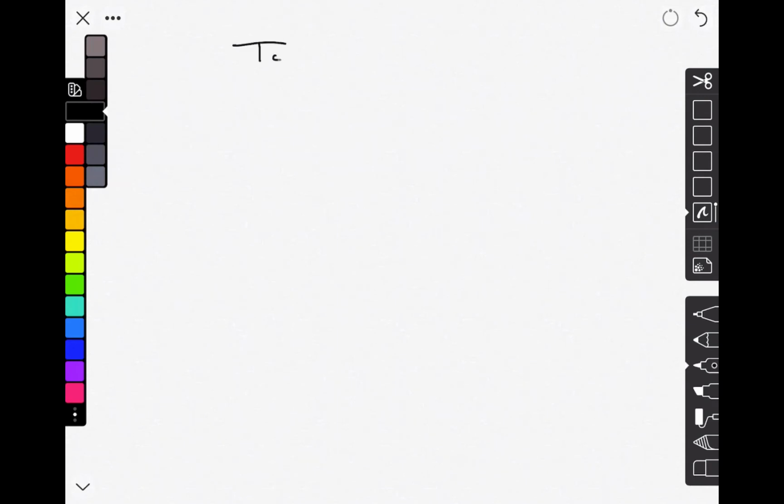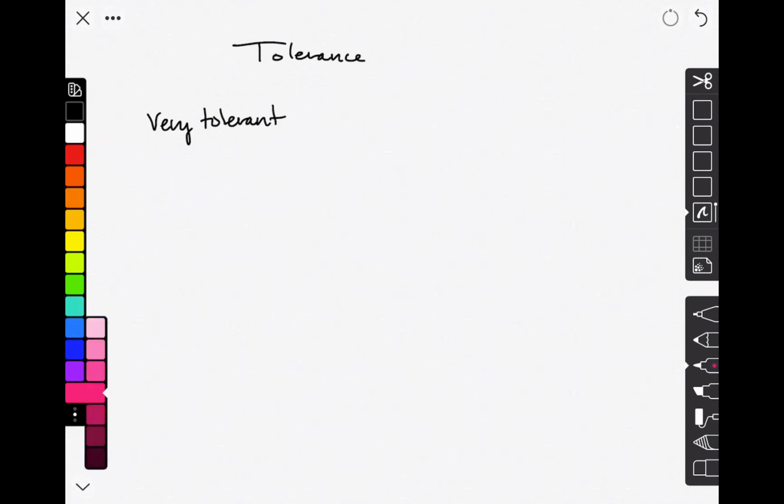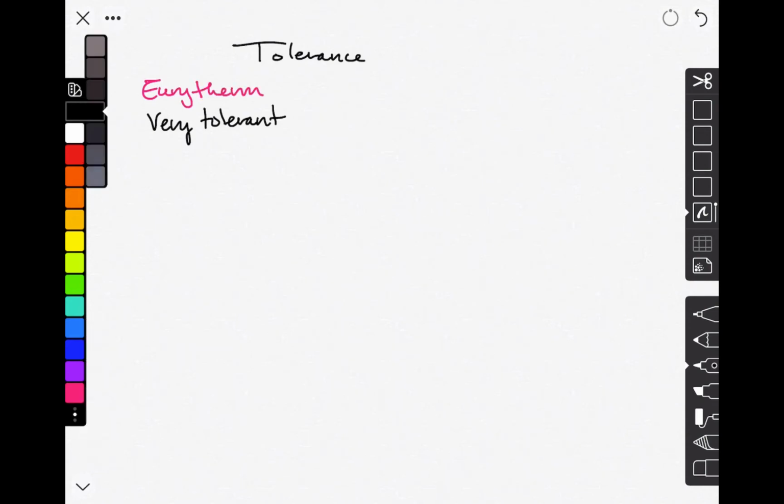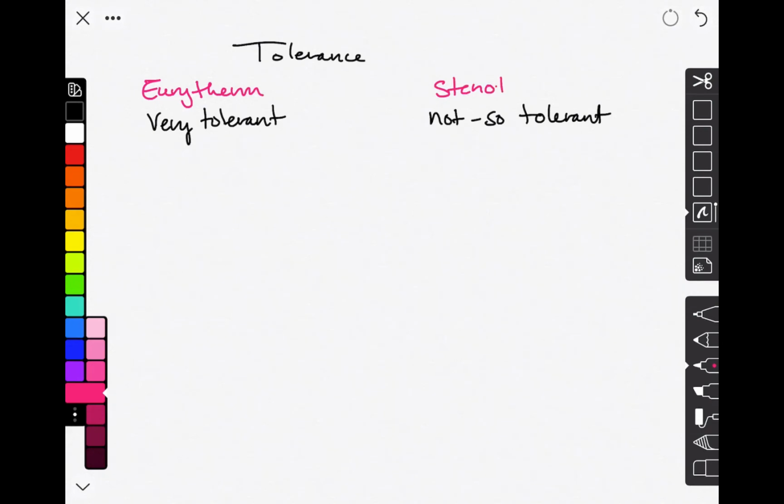When we talk about tolerance, you can fall into a category which would be very tolerant, and this would be a eurytherm, or you can be not so tolerant, and this is a stenotherm. Now, maybe these terms seem a little bit familiar because we talked about animals that are tolerant of salinities being euryhaline and not tolerant of different salinities being stenohaline.